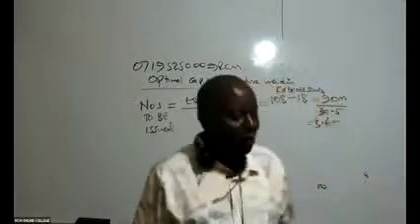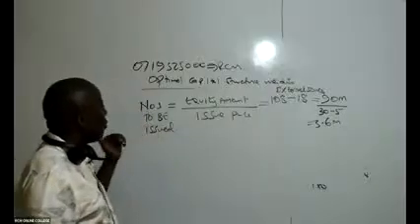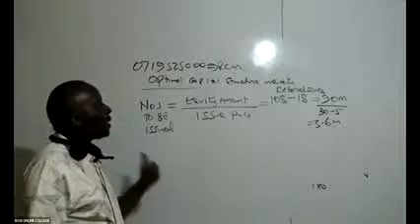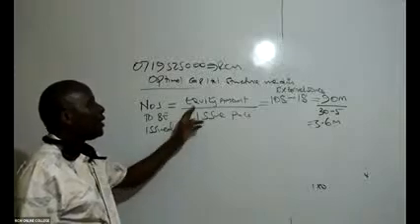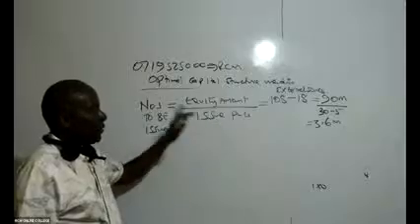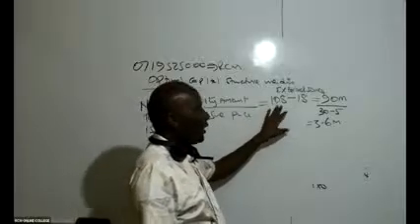So repeat here. Remember, what have we done? How do we normally get the number of shares? To get the number of shares, we take the equity amount divided by the issue price. The equity amount we computed was 108.